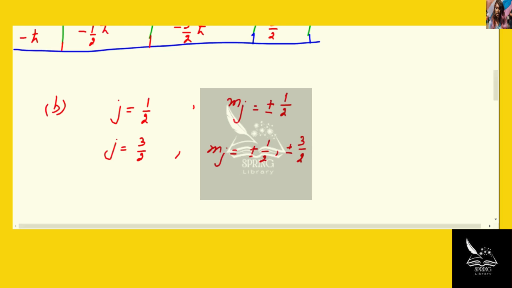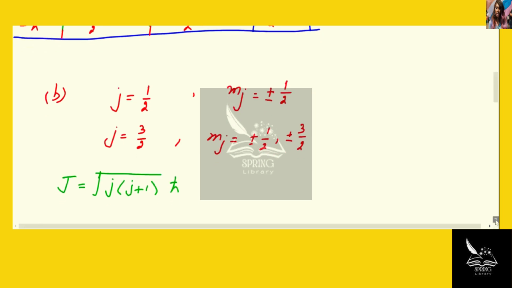We can write magnitude of total angular momentum equal to square root of j into j plus 1 multiplied by h cut.